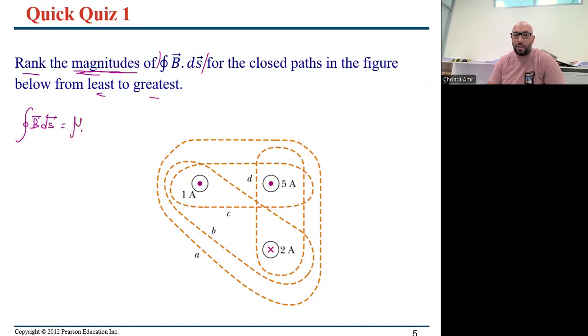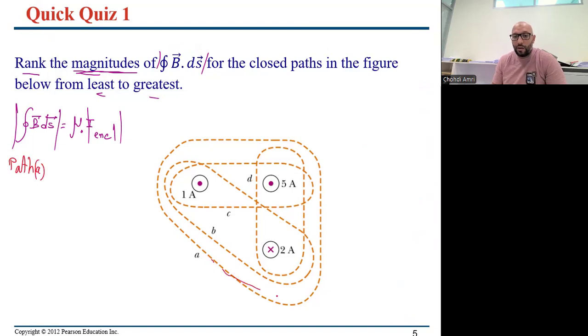As you know, it's mu naught multiplied by the current enclosed by the path. Here in our figure, we don't have any information about the magnetic field, and we don't have information about ds. So to calculate the magnitude of B·ds, we have to calculate the magnitude of mu naught I enclosed. So let's see path A. Where is our path A?